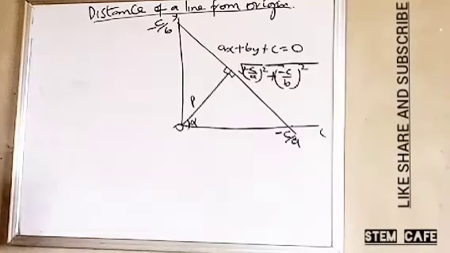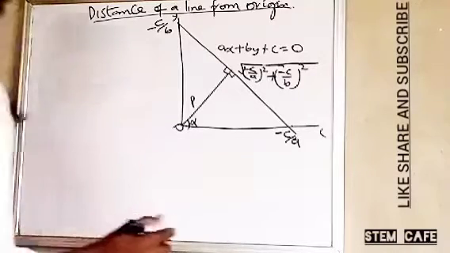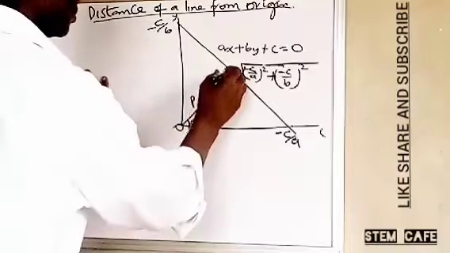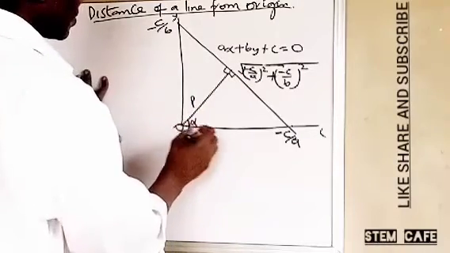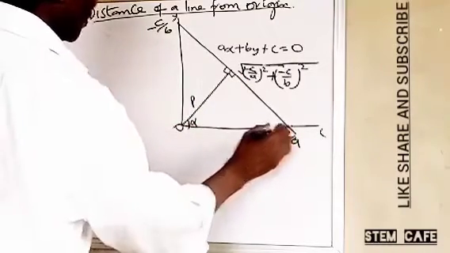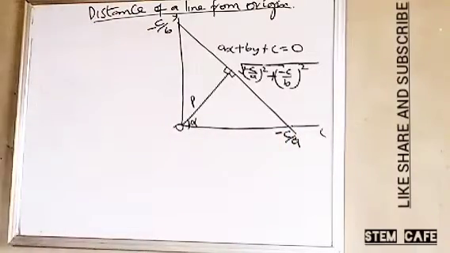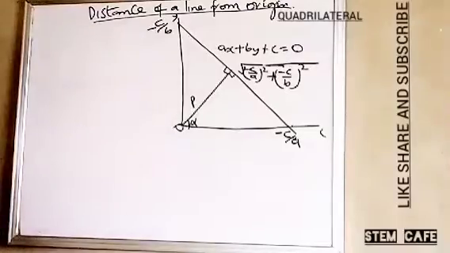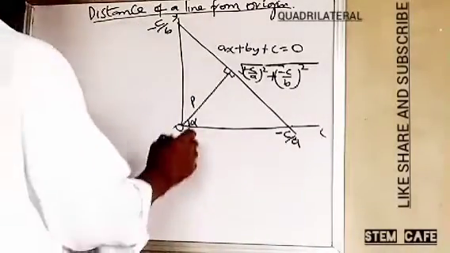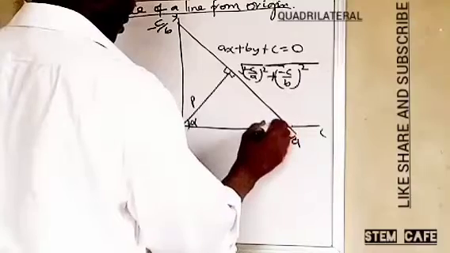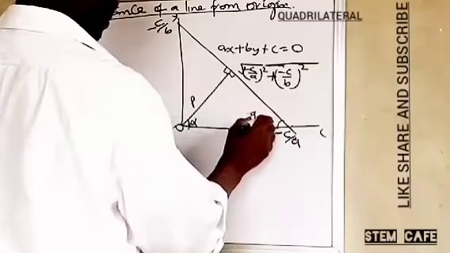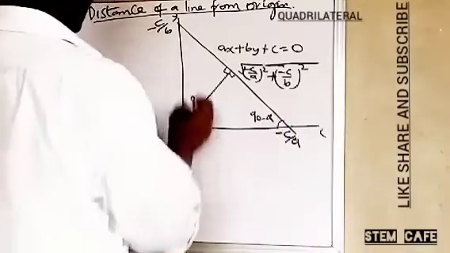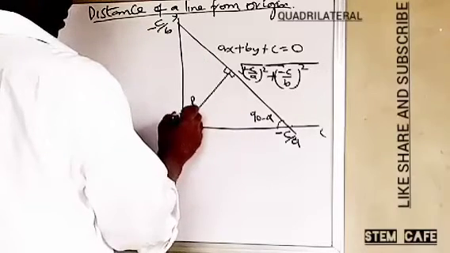I can also get something now, P, from here to here. Let's look at some other things. This place is alpha. This place will be 90 minus alpha. Here is 90 minus alpha.